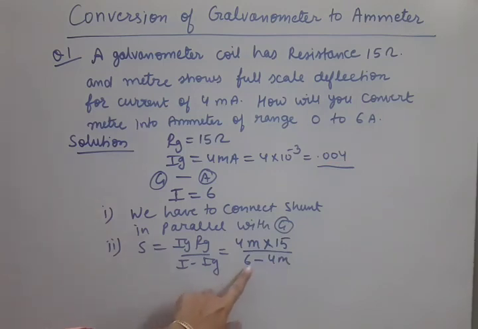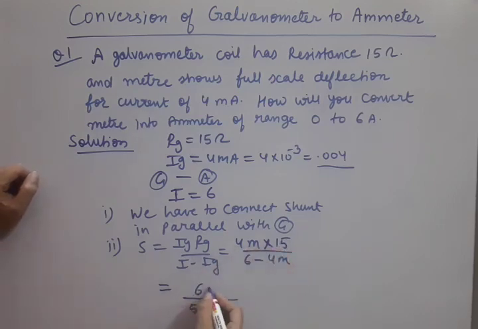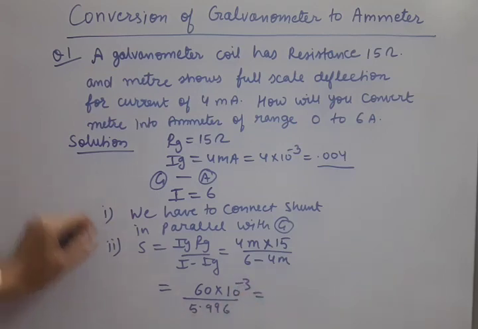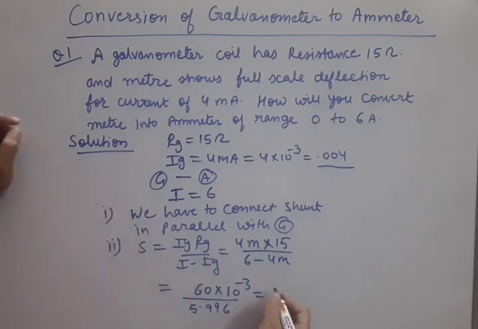When I subtract 0.004 from 6, I will get 5.996 in the denominator, and in the numerator, 15 fours are 60 milli. Now we can solve it approximately. 5.996 is 6 only. 6 cancelled. So the answer is 10 milli, 10 into 10 raised to power minus 3 ohm. So this is the solution of this type of questions.